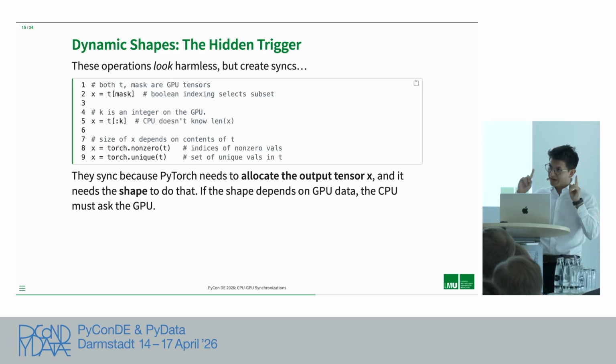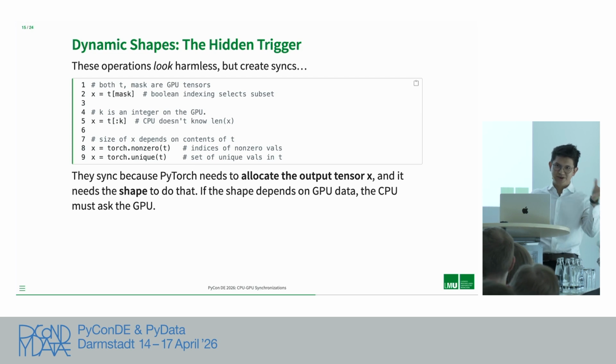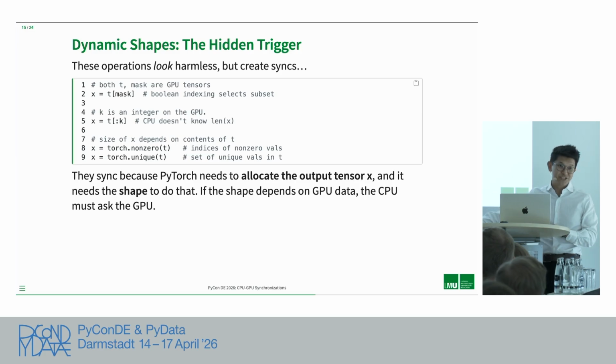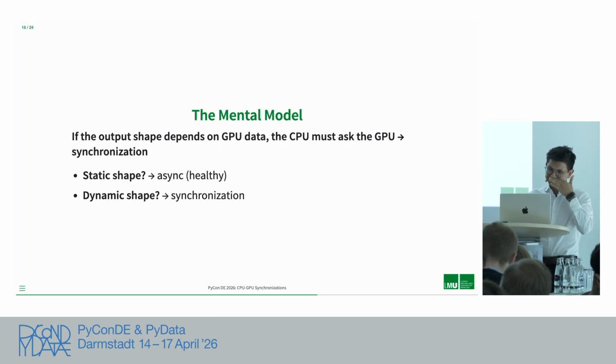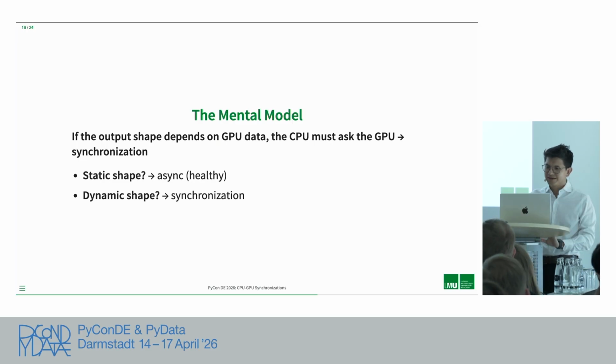And if you think about this relationship of boss, the CPU is the boss, but if the CPU needs to ask the GPU, then it's not the boss anymore. So you're having this inversion of who's the boss. This is basically what I mentioned before.